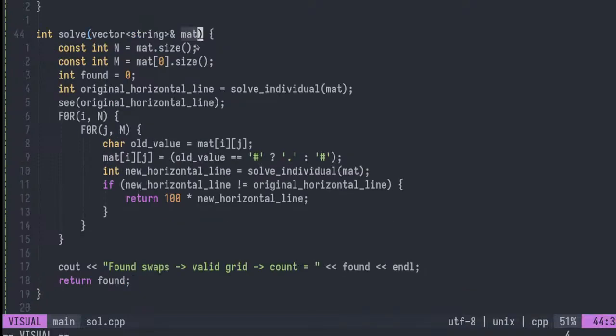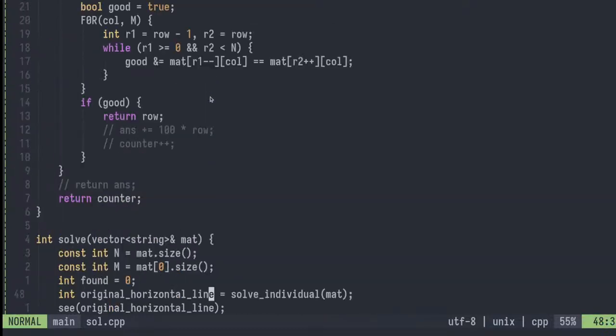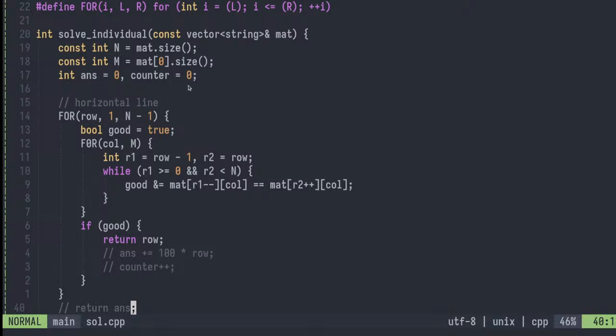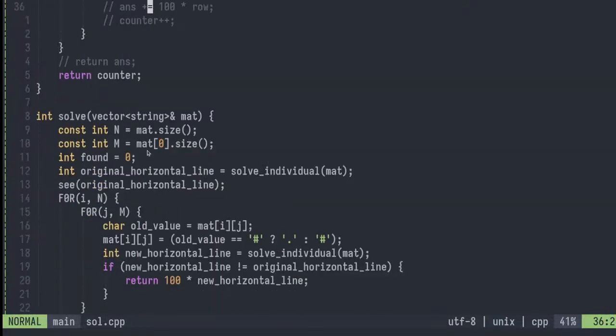So horizontal matrix, checking what is the first horizontal row before any changes. This should give me a value between 1 and n minus 1. Why is it giving me 0 here?